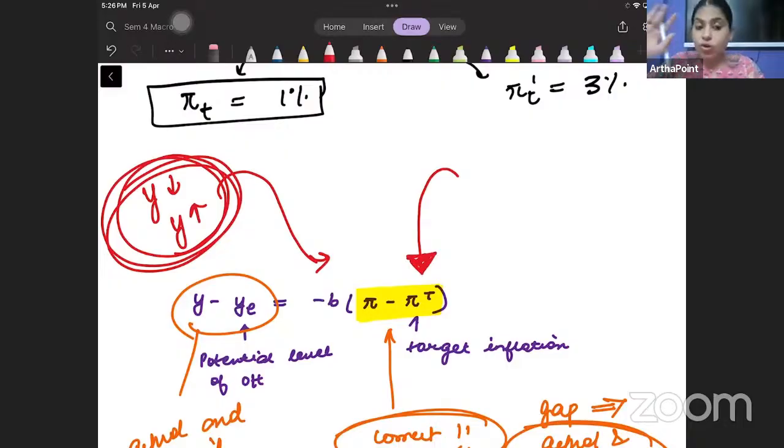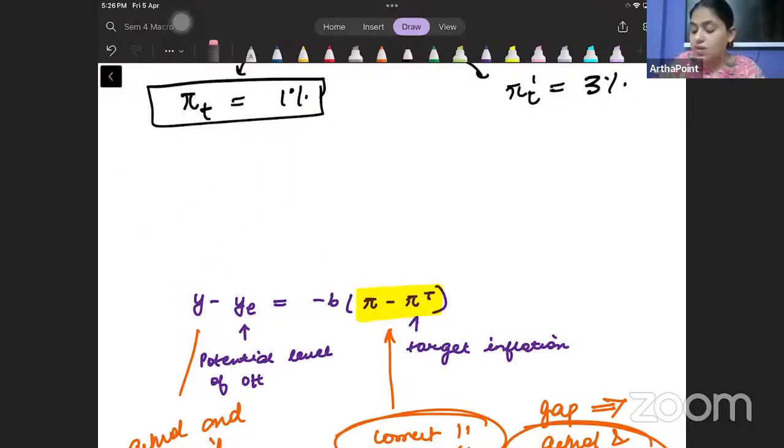Clear? Okay. Now beta, we are saying that there is going to be an inverse relationship between the two.